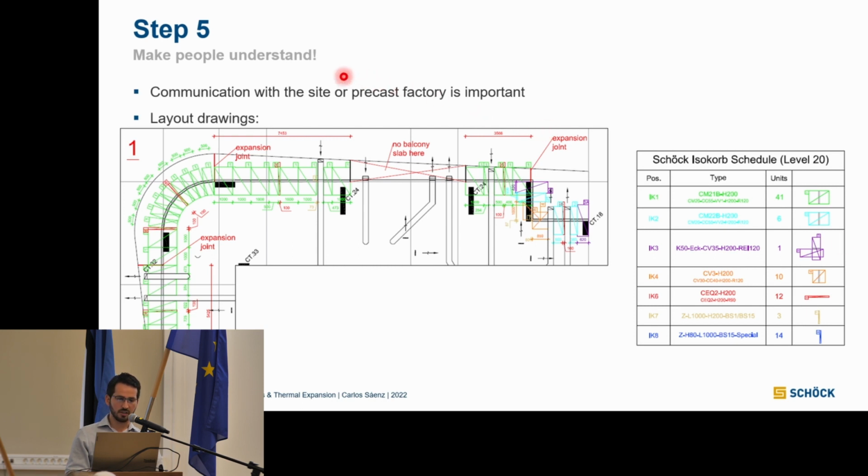So let's make people understand. That's the thing. And this is a pretty elaborate example, but we can provide these drawings, and what is shown here is just the size of the Isocorb, the space that it needs, and the product. Just to have everything ready for installation.